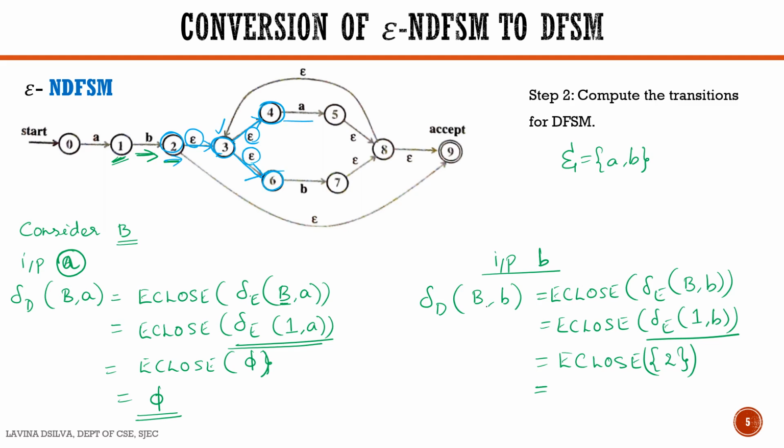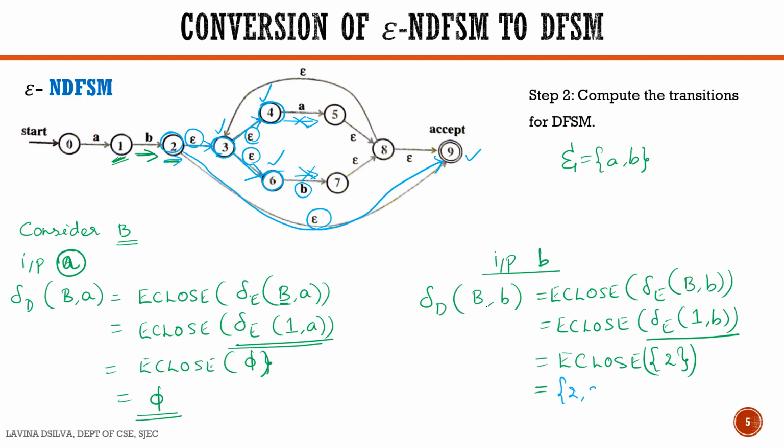Can we go further in this path? No, because it requires A as the input. Can we go further in this path? No, because it requires B in this path. No, we cannot go further. So we can reach 4, we can reach 6. 2 can also reach 9 because there is an epsilon transition. Therefore, E closure of 2 is the state 2.